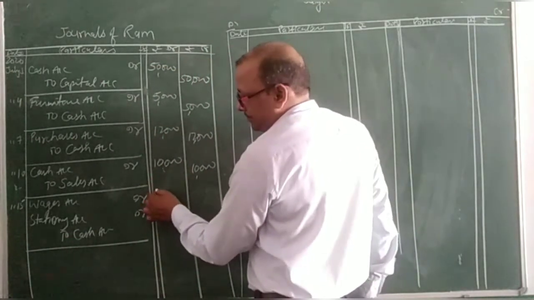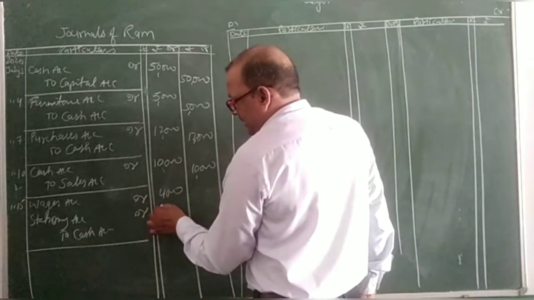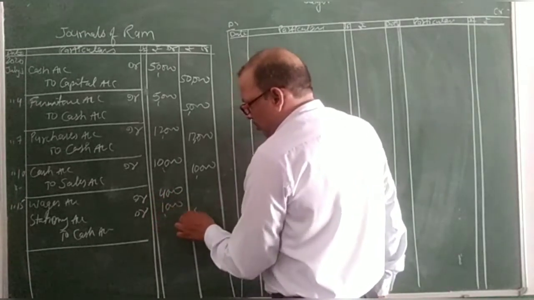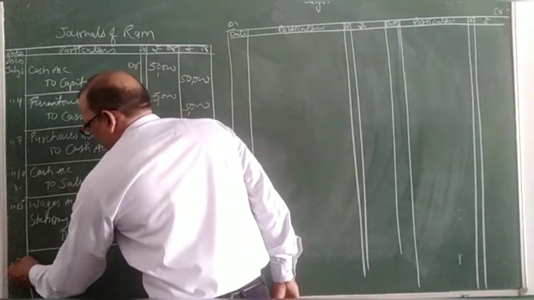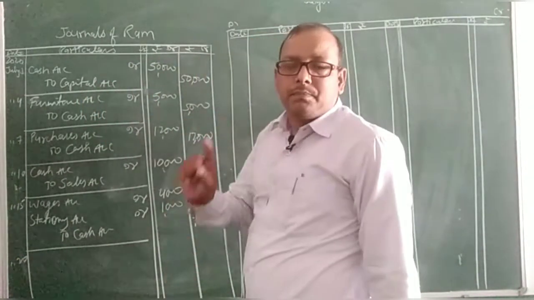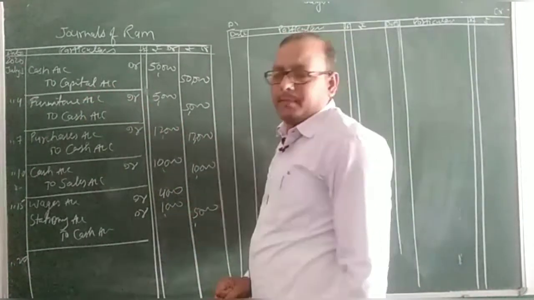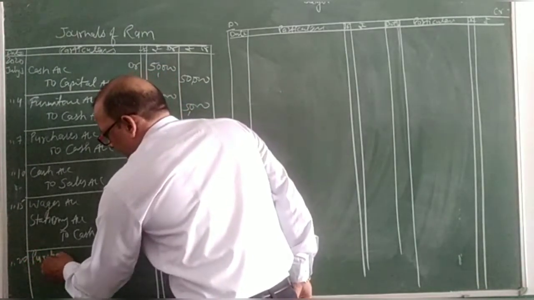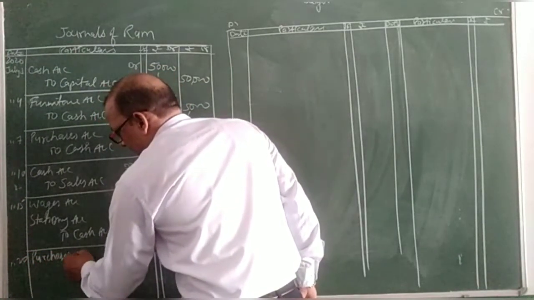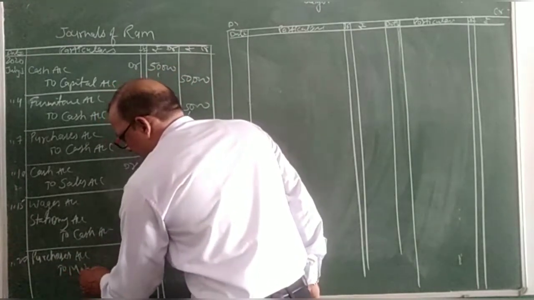The amount is wages 4,000, stationery 1,000, total is 5,000. One last entry on the 20th: purchased goods for cash from Mohan, then purchases account debit to Mohan.